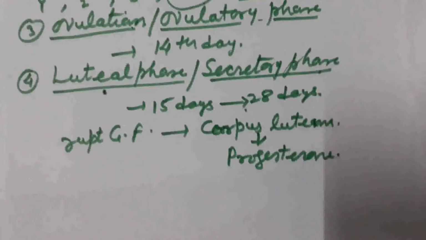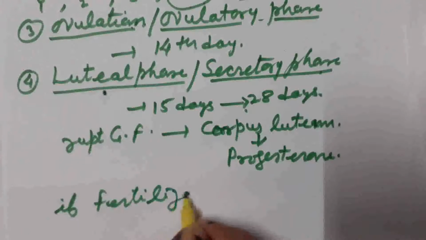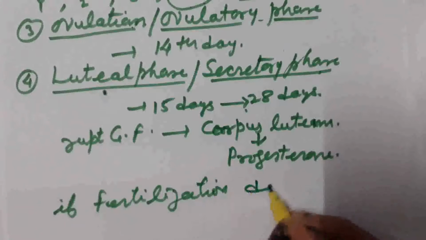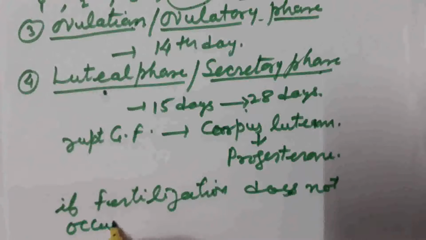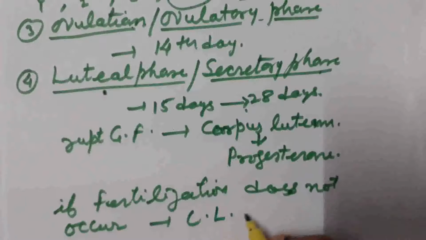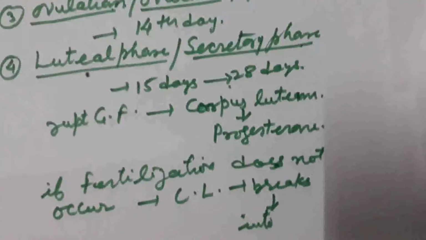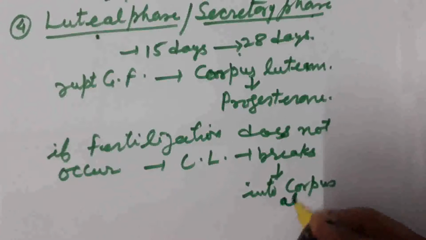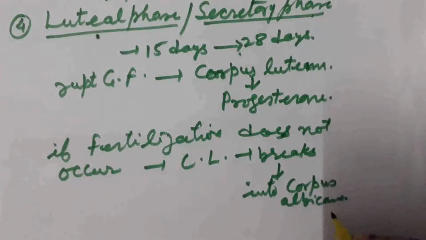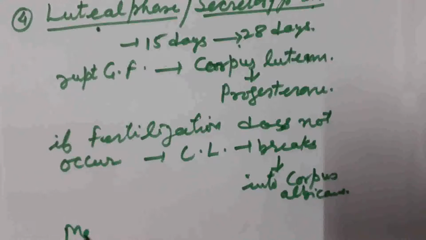But if fertilization does not occur, then the corpus luteum breaks into corpus albicans. Progesterone secretion stops and menstruation starts.